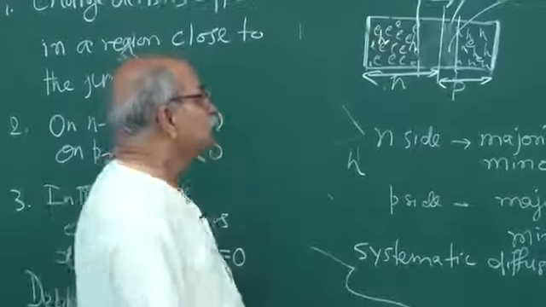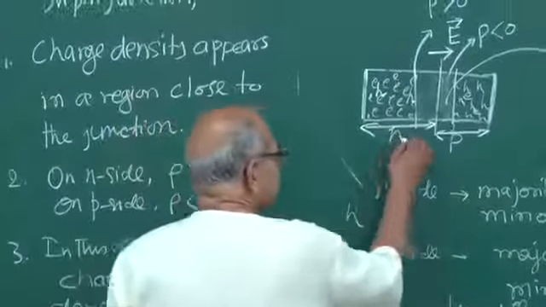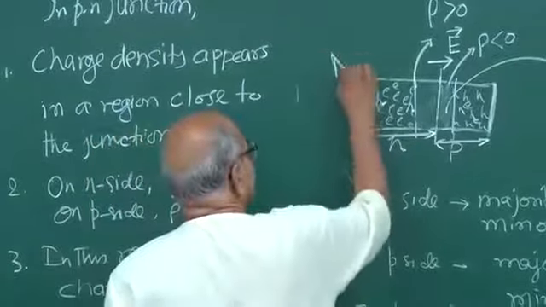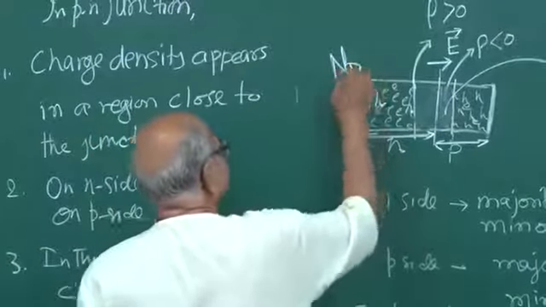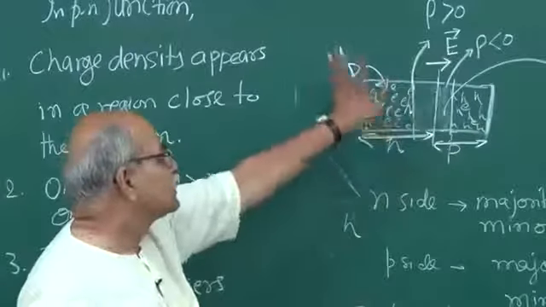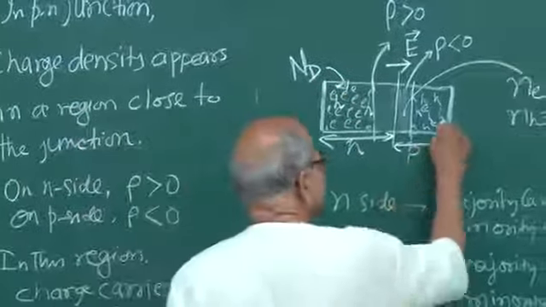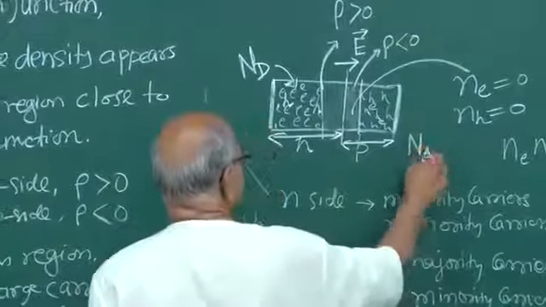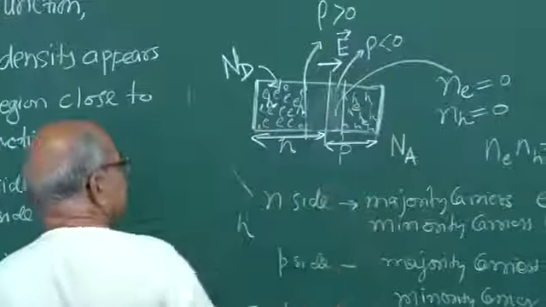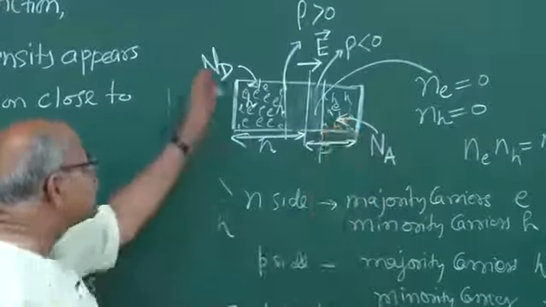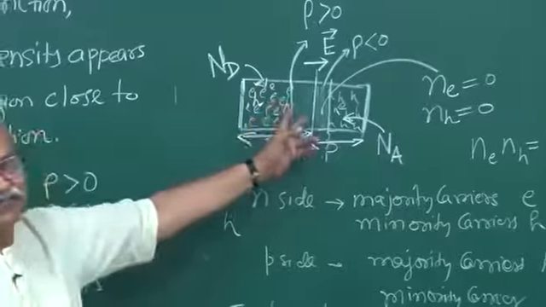All right. So N type, we call it donor ions. So Nd, donor ion concentration, the one we have doped. And this side is acceptor. So this impurity is acceptor. So this is the number of acceptors that we have doped per unit volume. That decides this width.